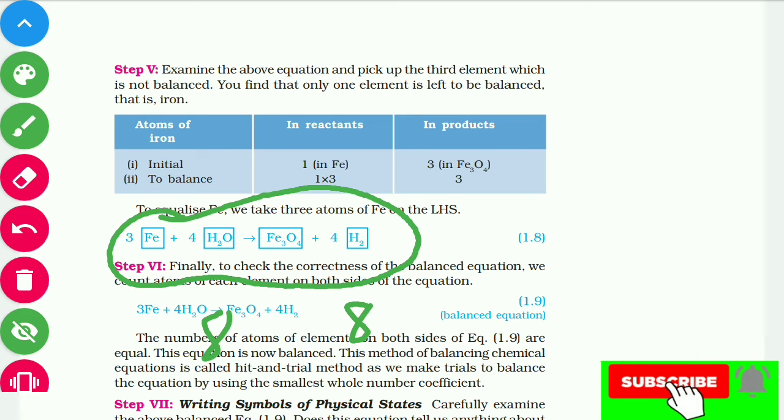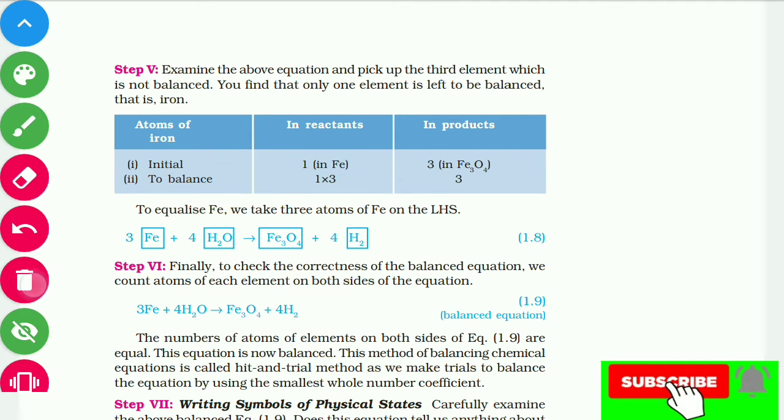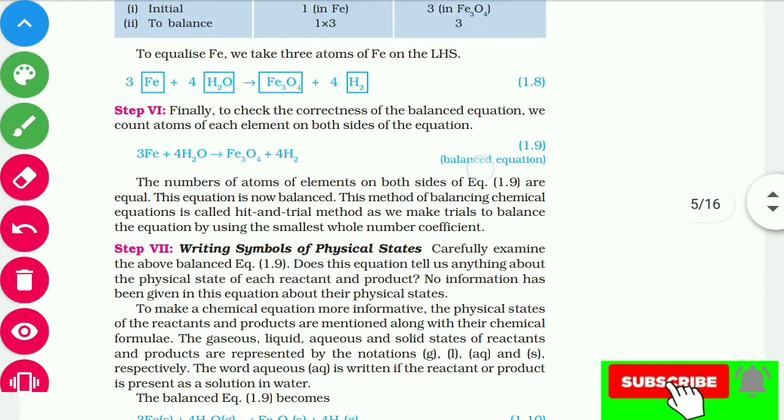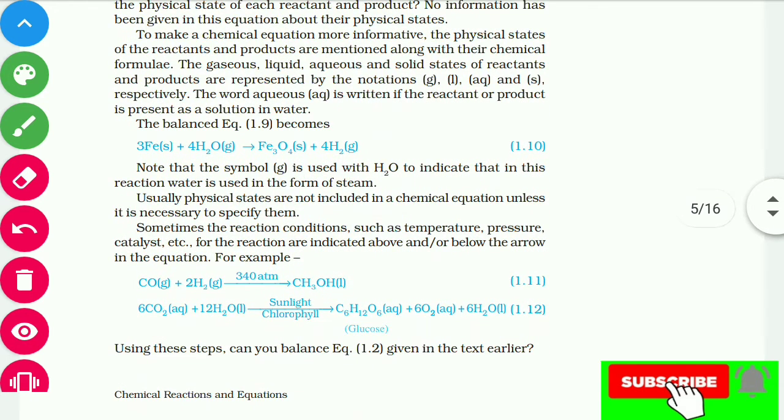Fe is 3 here and also 3 here. Oxygen is 4 here and also 4 here. So in this way you have to balance the equations.